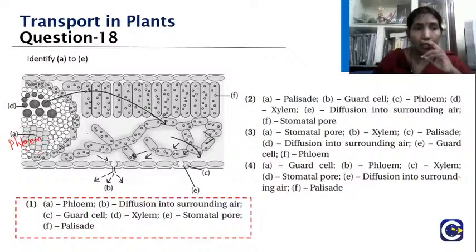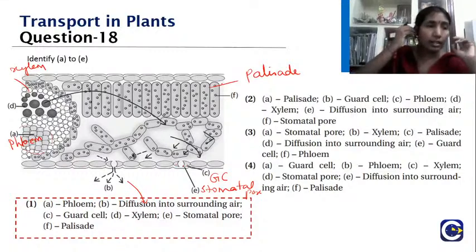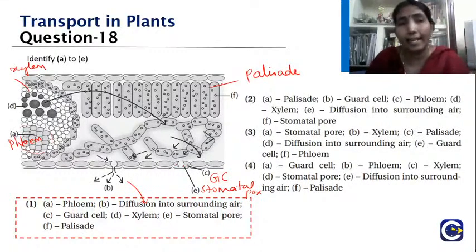B is the diffusion of air into the surrounding air. C is the guard cell. D is the xylem. And E is the stomatal pore. We are very sure this is the palisade, those long column-like cells that are arranged so that they form the palisade layer.